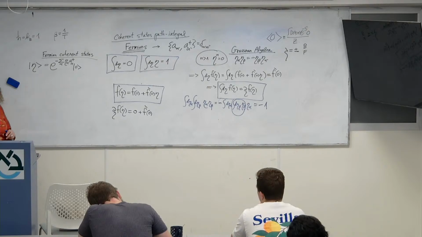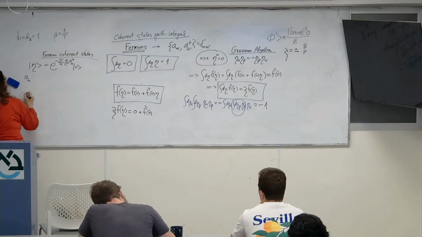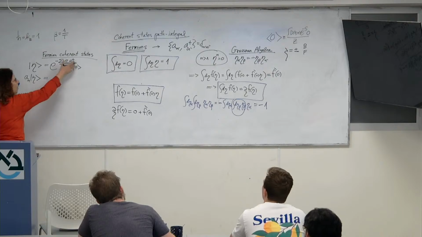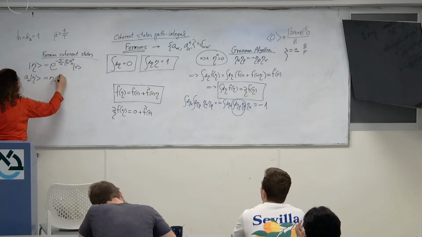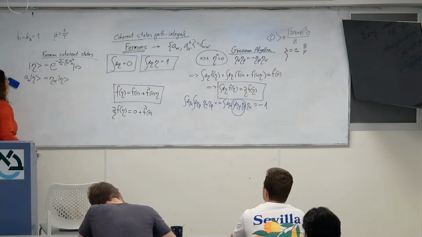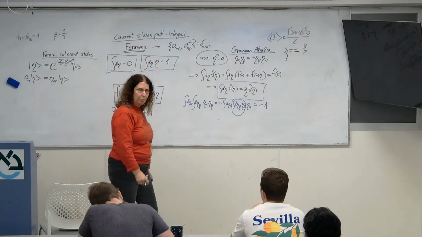Okay. I claim that this is the answer. How do I know? Just do the calculation. Take an arbitrary annihilation operator acting on this. You will get the same thing times eta. Okay? Exercise, homework exercise.